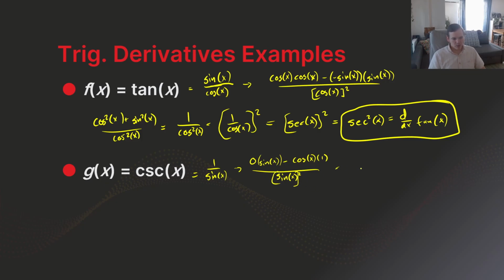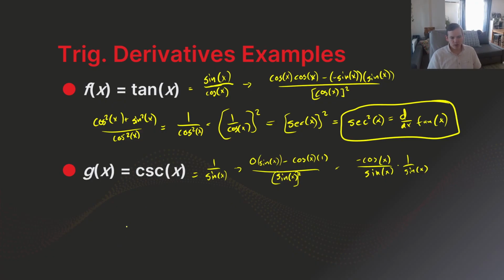So that's going to be negative cosine of x divided by sine of x times 1 over sine of x. And the reason why I'm writing it like this will become clear in a second, but you can see that this should be the same.